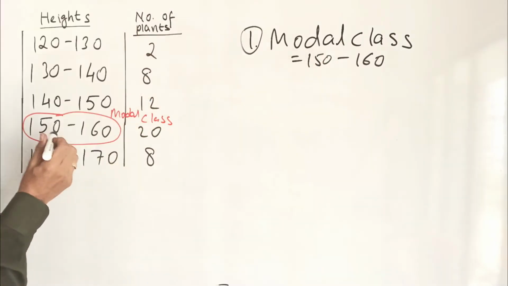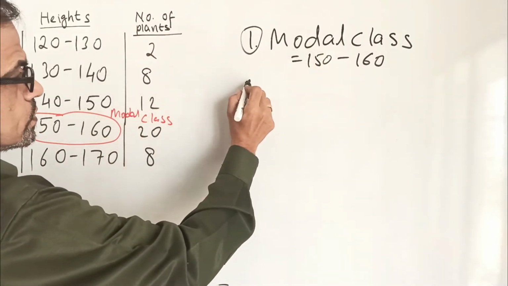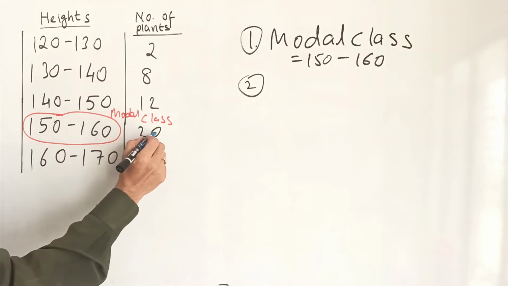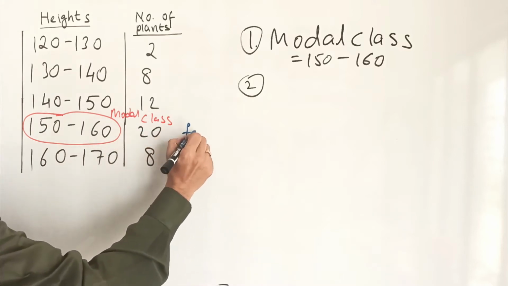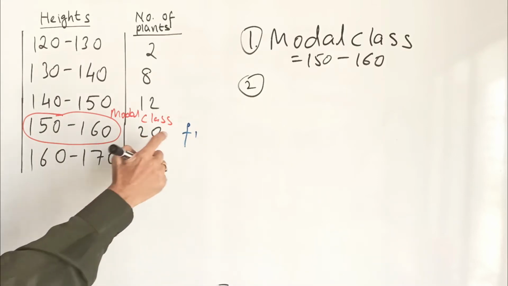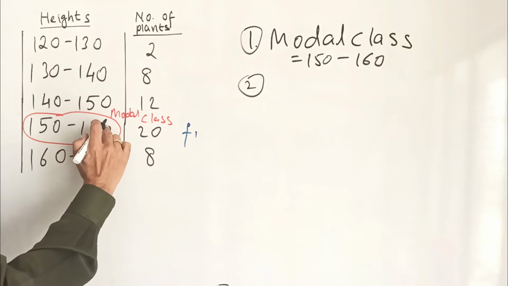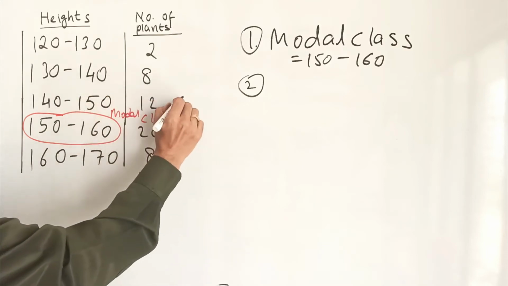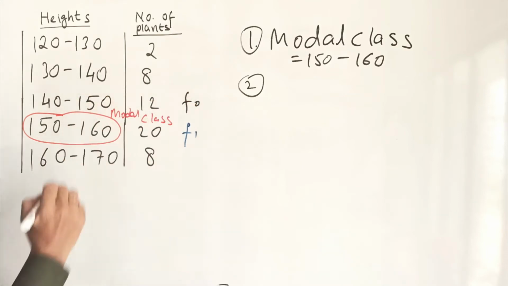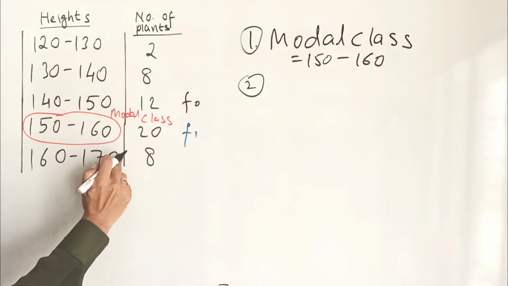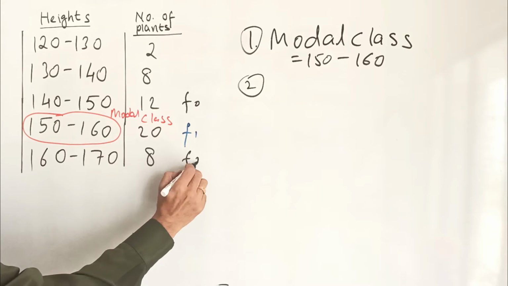Okay student. Now the next step is to locate the corresponding frequency of the modal class. The corresponding frequency of the modal class is 20. We will denote it by F1. And the frequency preceding the modal class, meaning just before the modal class, is F0. And the frequency succeeding the modal class, after the modal class, is F2.